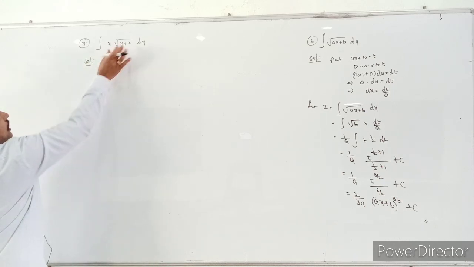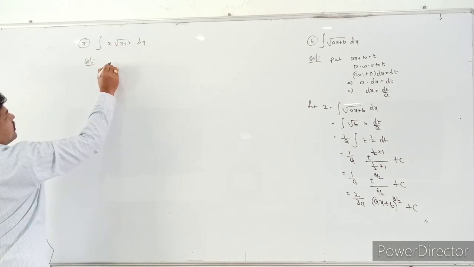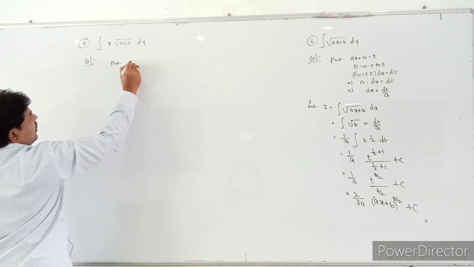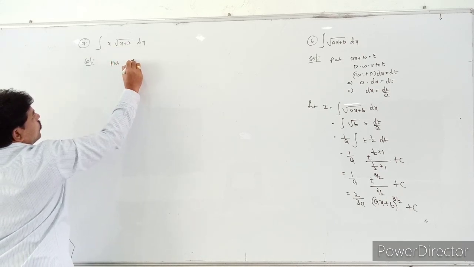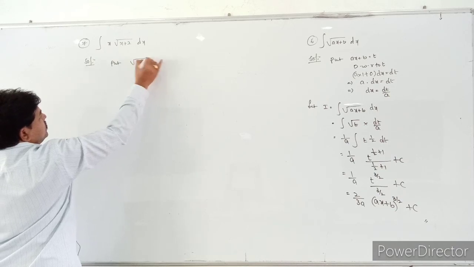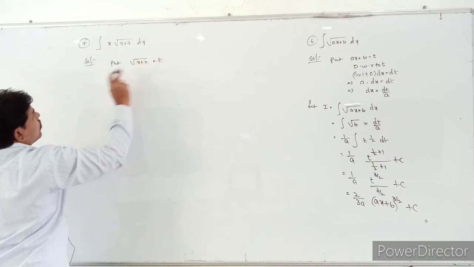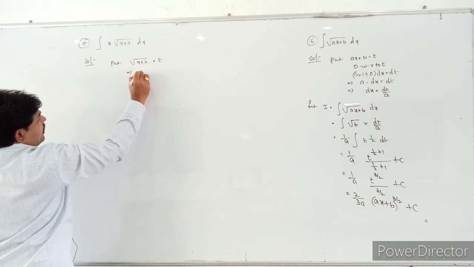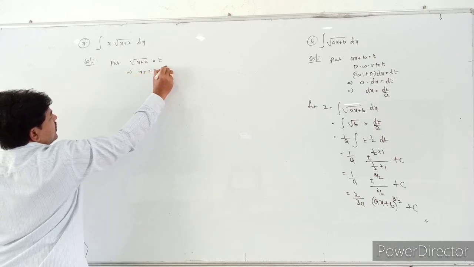What I will take is, under the root, x plus 2. I am taking root of x plus 2 is equal to t. That implies x plus 2 becomes t square.